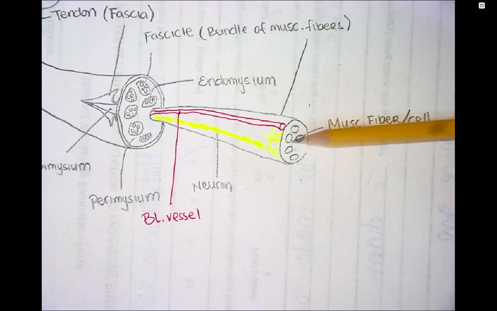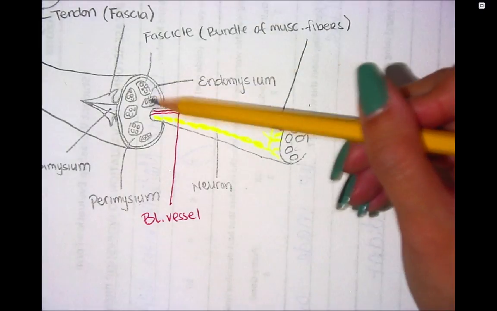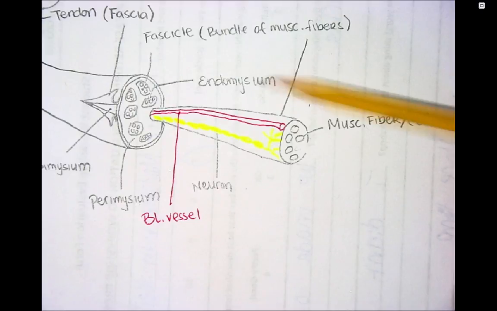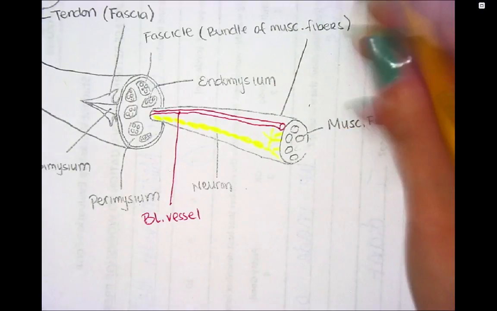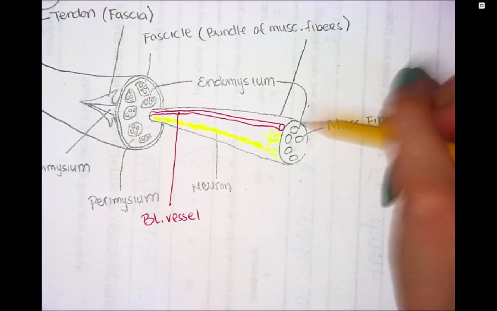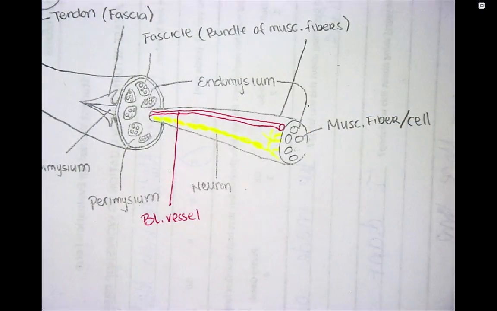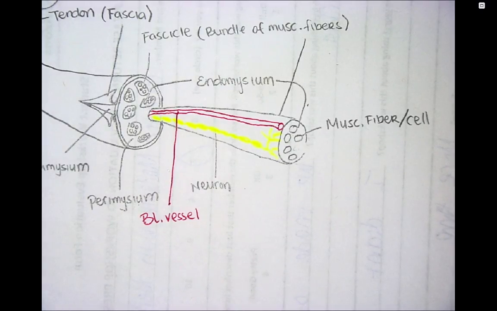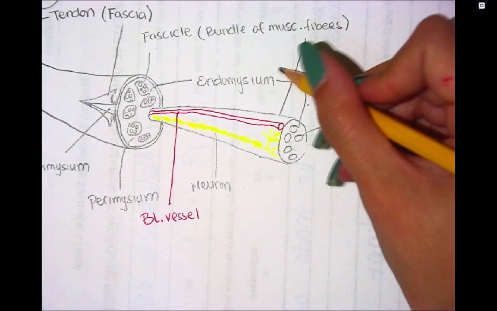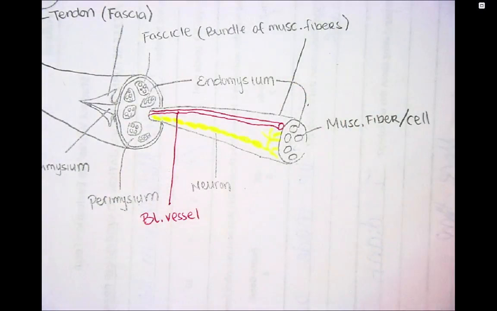It would be, if you look back over here, so this fascicle is the same as this one. The white space in between this one is called endomysium, which means it's the same thing here. So you want to draw a little arrow there. This is endomysium as well. If you're like, I don't know where my arrows are pointing to, you can do a little caption like endomysium, the connective layer between muscle fibers.